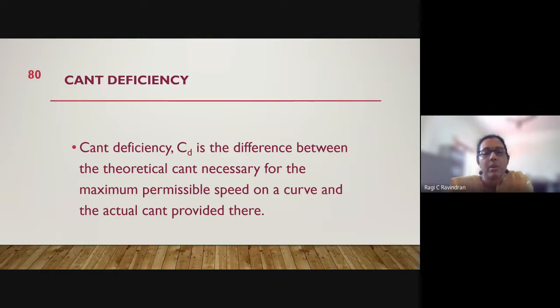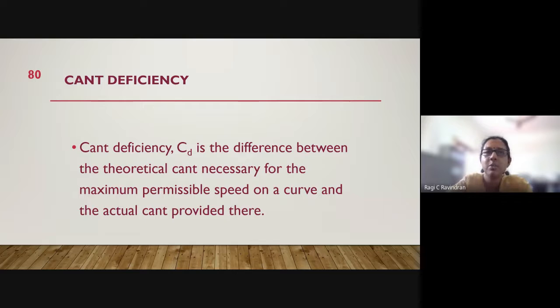Now let's see CANT deficiency. Just now, when we discussed equilibrium CANT, I told you that whenever we calculate some values, we won't be able to provide it as the perfect design.